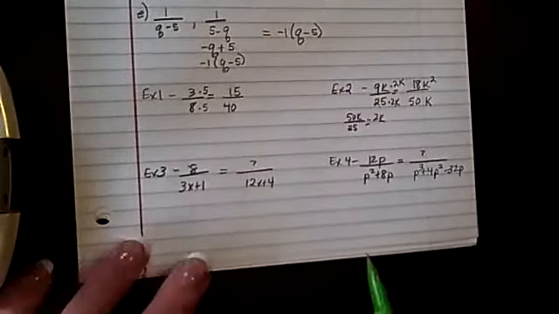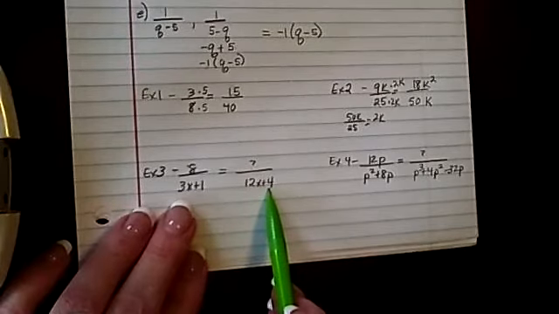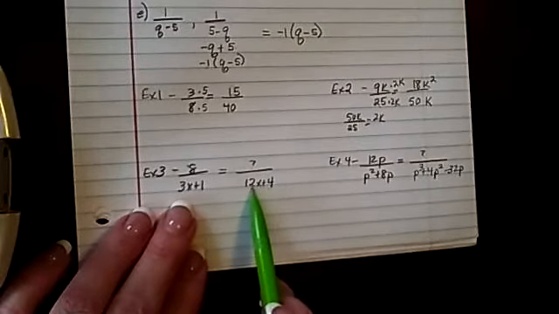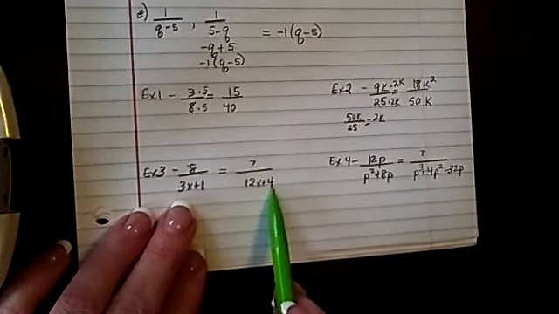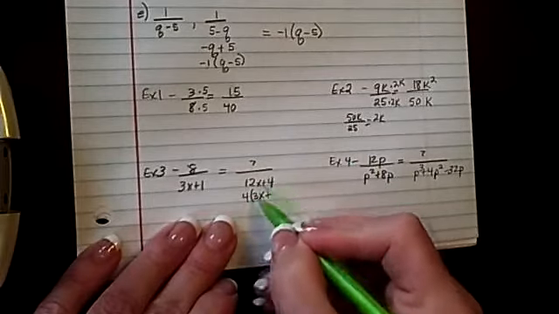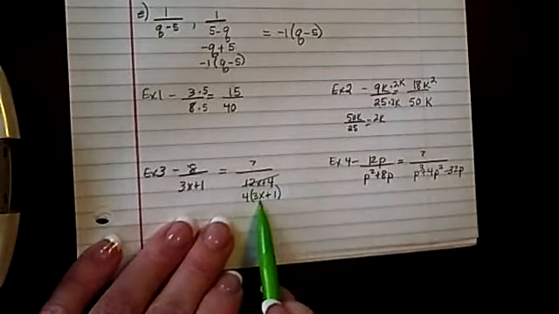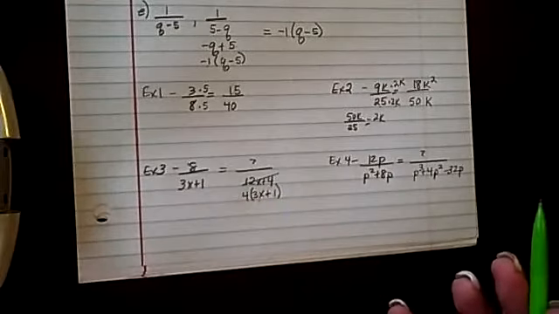All right, so let's take a look at this one. Well, I can't really tell because I have to factor this. So I look at what these have in common, and in this case, they have a 4 in common. So I'm going to factor a 4 out. So 12x divided by 4 is 3x, and then 4 divided by 4 is 1. This is what I'm going to use because it makes it easier, so now I can see it.